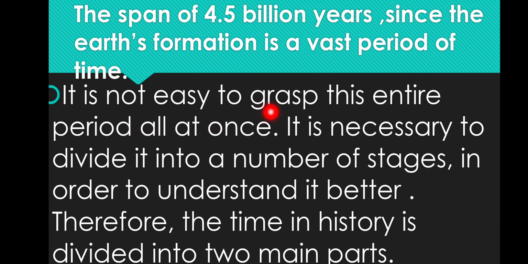It is not easy to grasp this entire period all at once. It is not easy for us to understand all this in a very short time. It is necessary to divide it into a number of stages, so we have to divide this 4.5 billion years into different stages of time in order to understand it better.